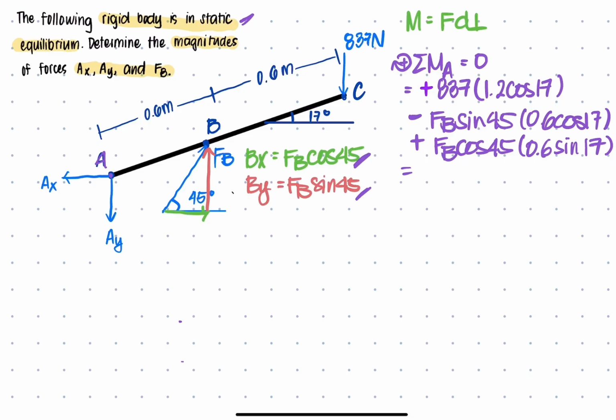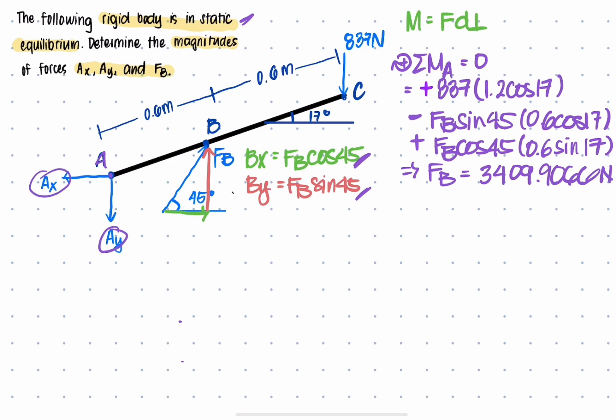You would get that FB is equal to 3409.9066 newtons. Okay, so na-solve na natin si FB. And just like that, pwede na nating ma-solve si AX and si AY using our summation equations. So highlight natin ito. Isa na yan sa final answers natin.